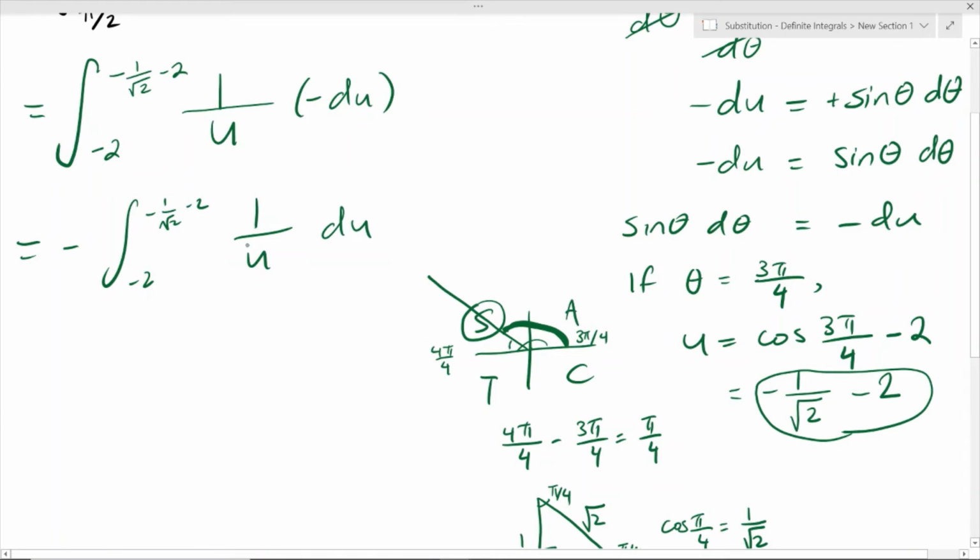Now, what is the integral of 1 over u? The integral of 1 over u is basically ln absolute value of u, so I'm going to write that in. So negative, we're going to get rid of the integral sign, so negative ln absolute value of u, just like that, and our bounds here, negative 1 over square root 2 minus 2, and negative 2.